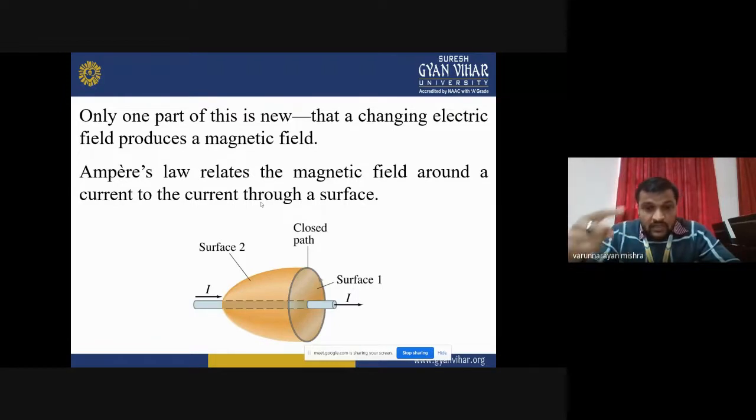Because of this movement, there may be the production of a magnetic field, and because of the electric field and magnetic field, there may be an electric current. This can be described by Ampere's law, which relates the magnetic field around the current to the surface.